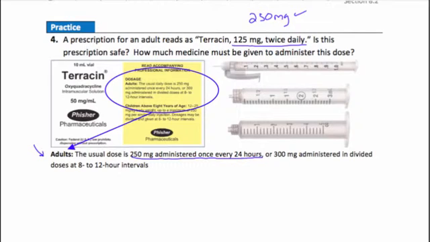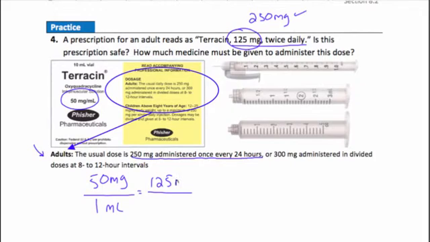Now let's figure out how much medicine to give in order to give 125 milligrams in one of these doses. Okay? So here is our drug concentration, 50 milligrams per 1 milliliter. And we are trying to give 125 milligrams.